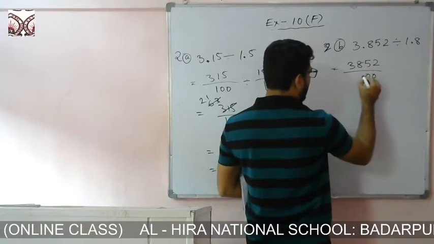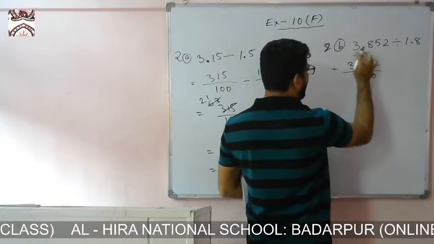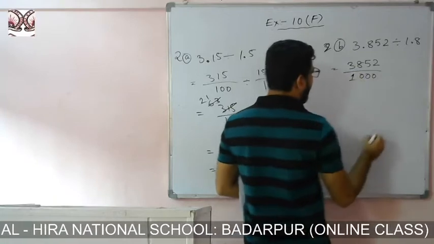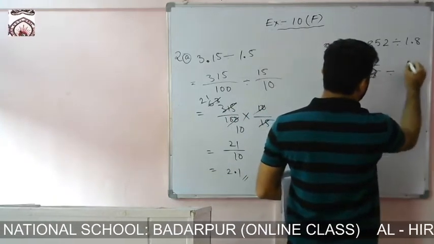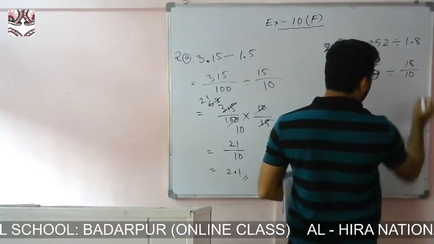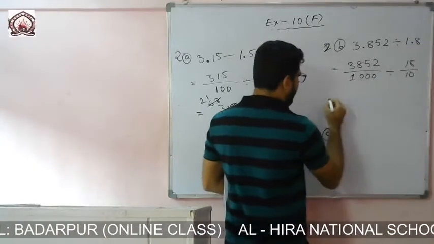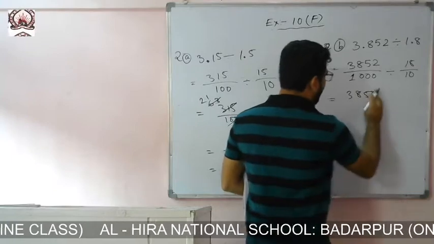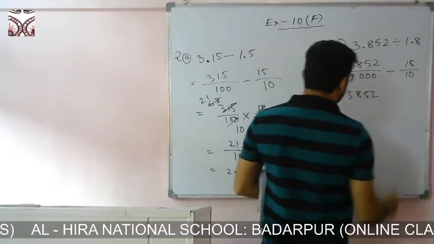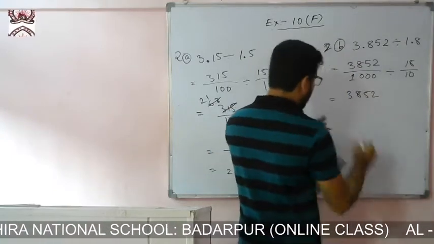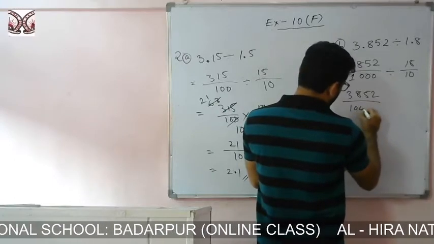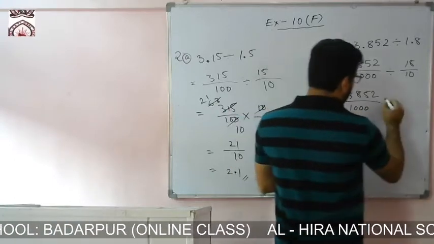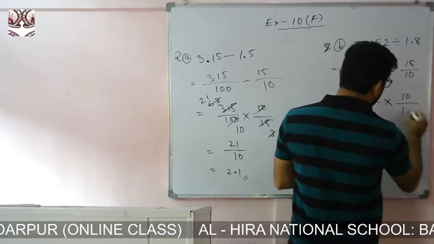We'll put 3 zeros and for the point we'll put 1. Divided by 18 over only 10, because after the point there is 1 digit. So now you interchange the fraction: 3852 divided by 1000 into 10 by 18.